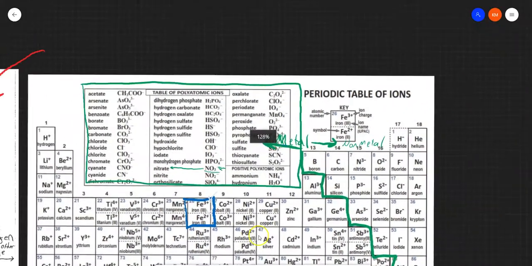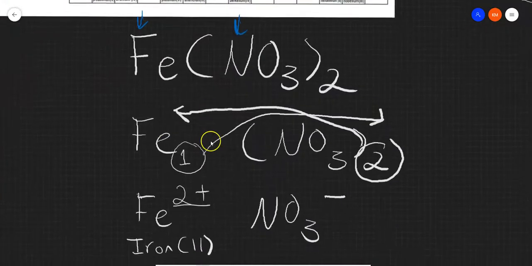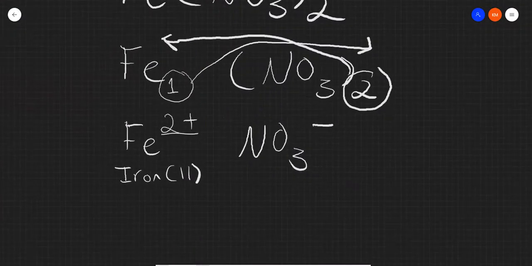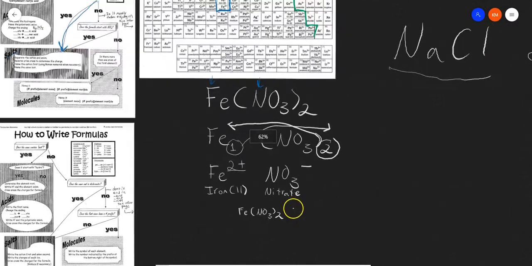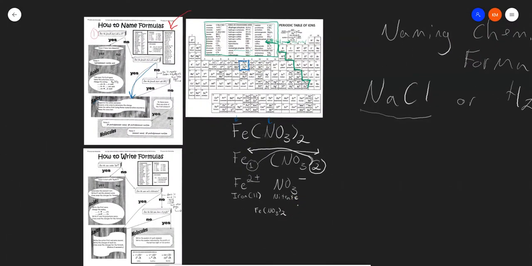So we can zoom back out here, come down here, and it is nitrate. So iron 2 nitrate. That's the name of this chemical compound. Okay, fun times. I love naming chemicals.